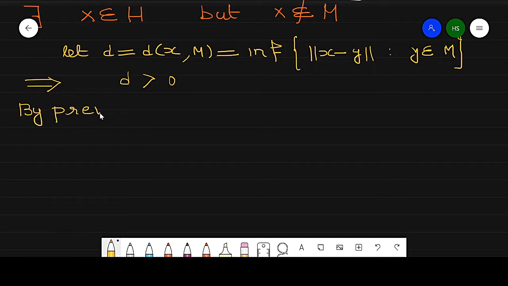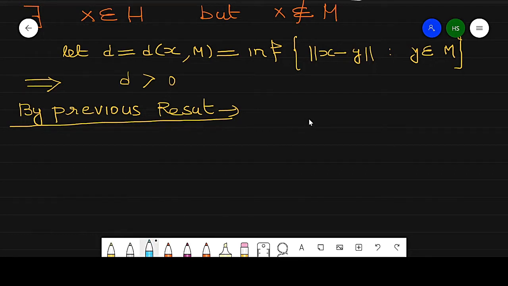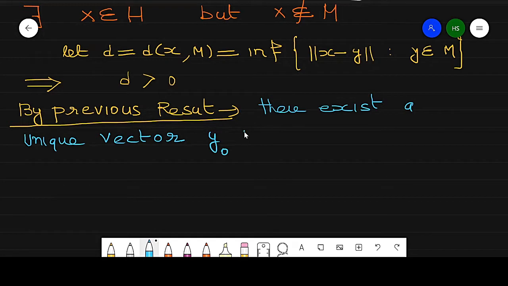Now by the previous theorem, by the previous result, if M is a proper subspace of a Hilbert space H, then there exists a unique vector, say y0 in M, such that the norm of x minus y0 is equal to small d.